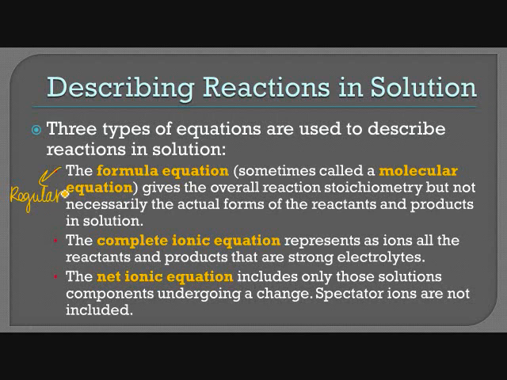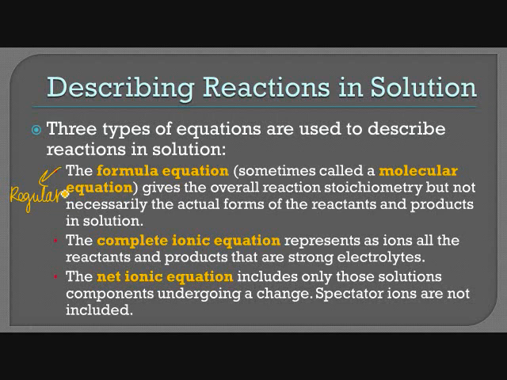That we will have. It's not necessarily the actual forms of the reactants and products, but it's the basis for everything else. Now, the complete ionic equation represents as ions all the reactants and products that are strong electrolytes.